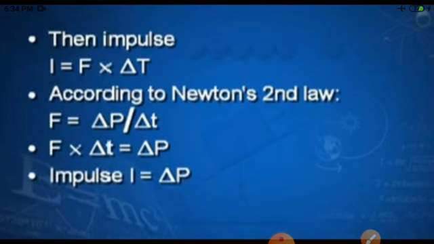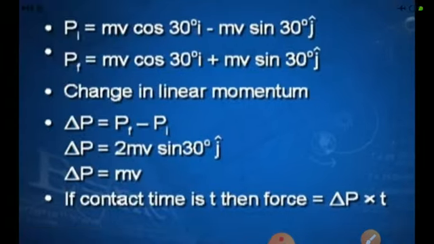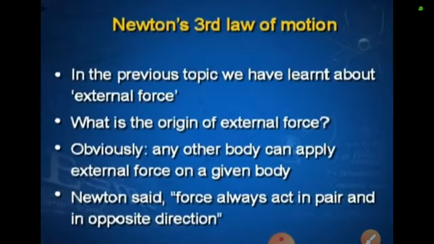That is also the application of impulse. Now student, after studying the impulse momentum theorem and Newton's second law, we come to Newton's third law of motion. What is Newton's third law of motion? It is a common observation that when a body A exerts some force on another body B, then body B also exerts some force on body A. Let us understand with the help of an example.